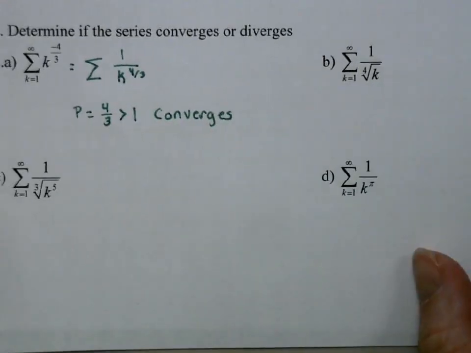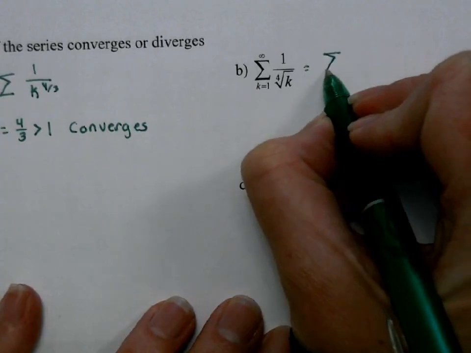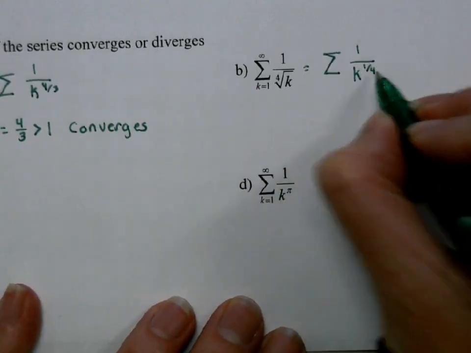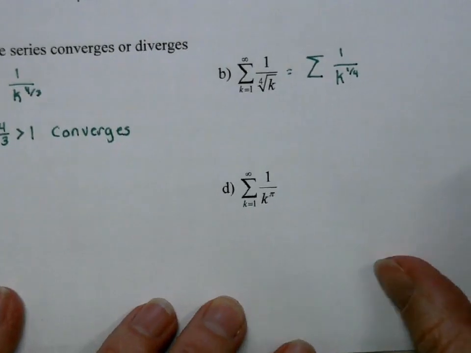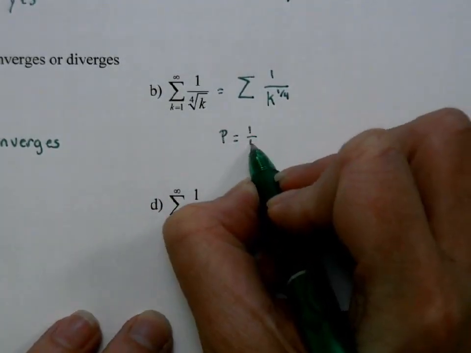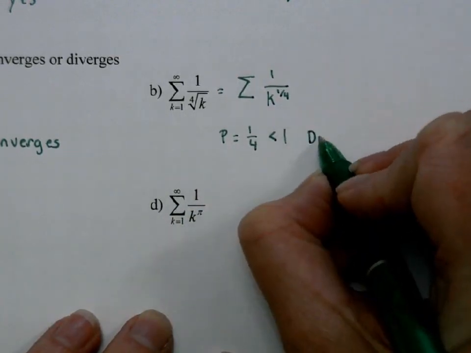The next one, it may help again to rewrite that root in this case as a power. If we have the 4th root, that is to the 1/4 power. My p is 1/4. 1/4 is less than 1, which means this series diverges.